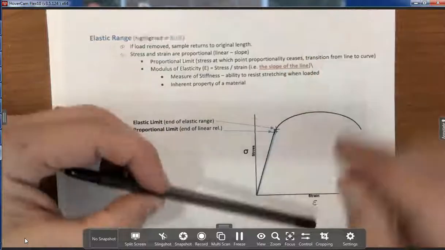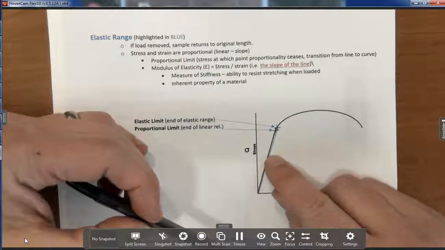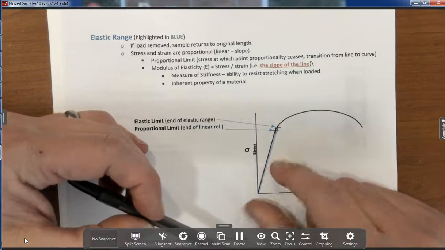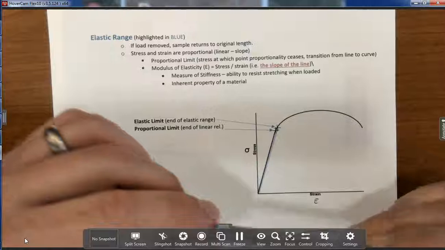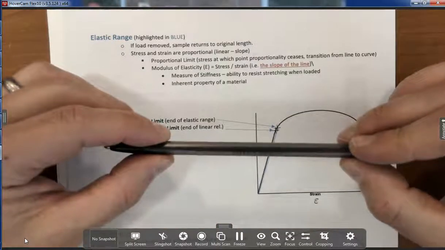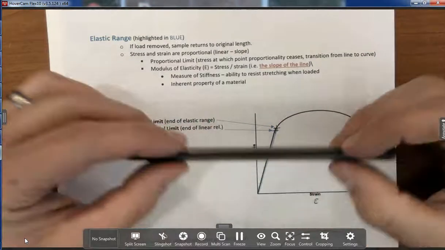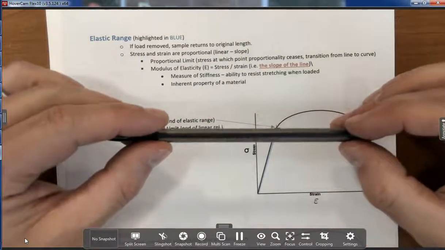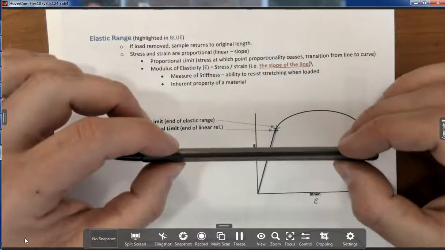Okay, it had to, because we've got ordered pairs that are to the right. So we've got some amount of stretching happening per unit of length. However, if we take the load off and we're still inside this region, the material has not been damaged. It'll go back to its original length, its original size.